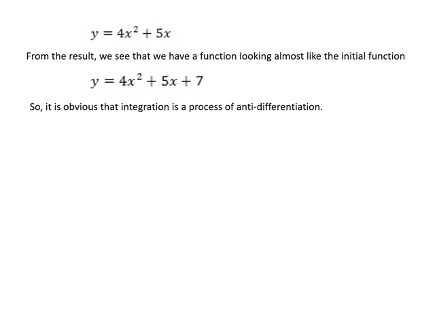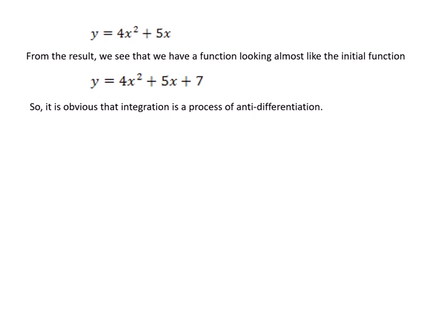Now from the results, we see that we have a function looking almost like the initial function. You know the initial function given is y equal to 4s squared plus 5s plus 7. That is the initial function given. And looking at the result of the integration, you see that we have y equal to 4s squared plus 5s.